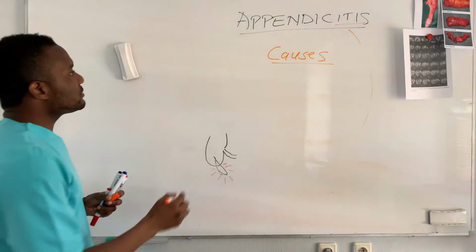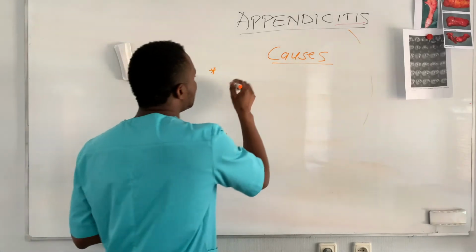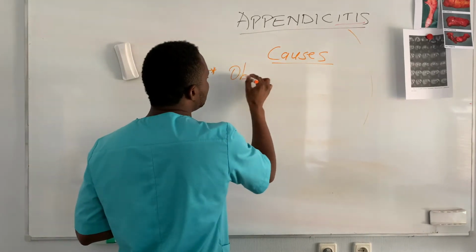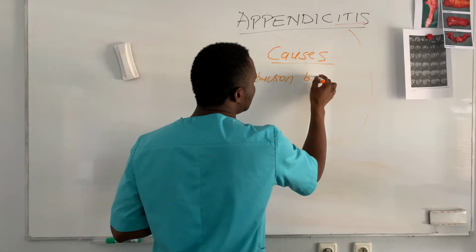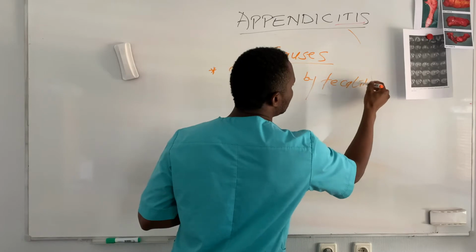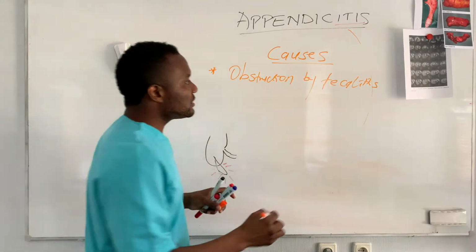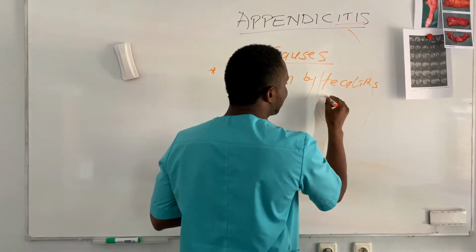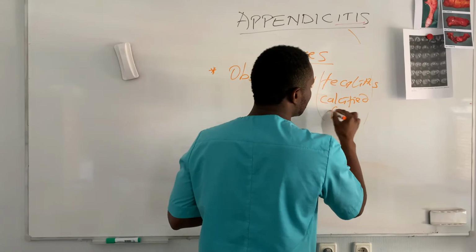Well, the thing that can cause appendicitis, number one, we can have obstruction by fecalities. What are fecalities? Fecalities are calcified feces.